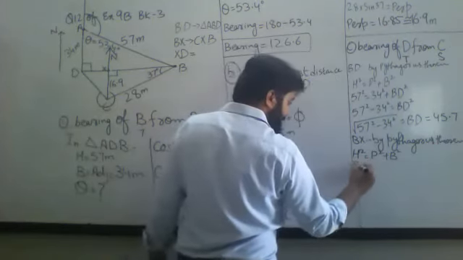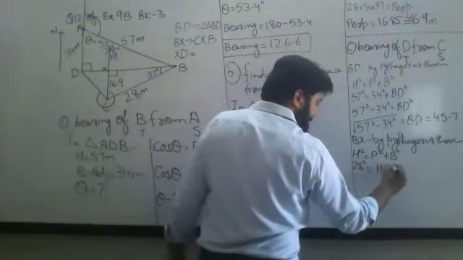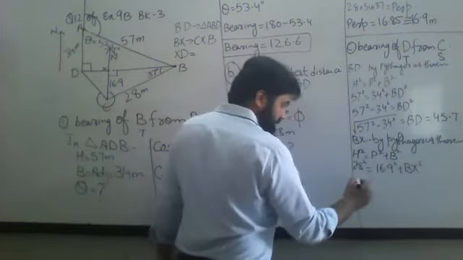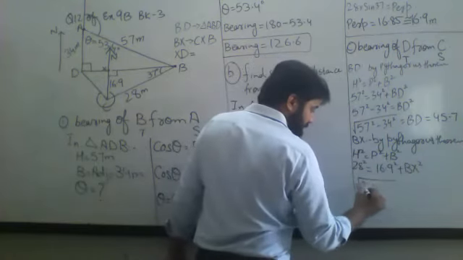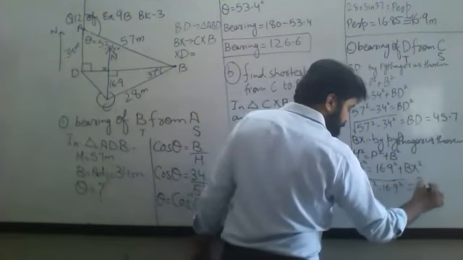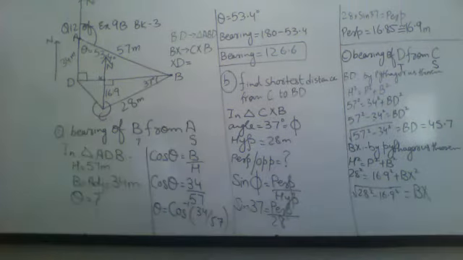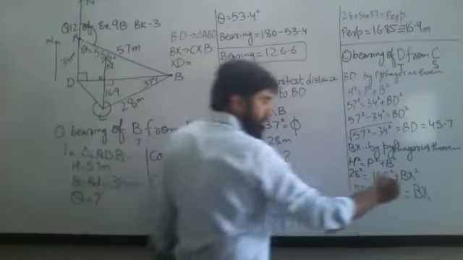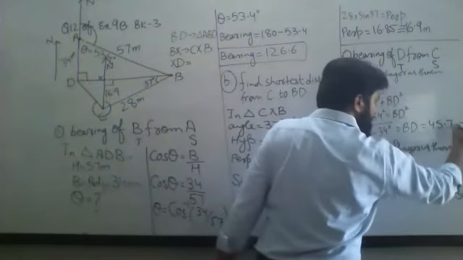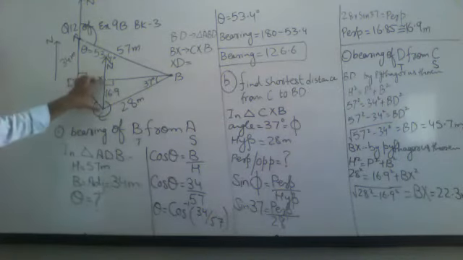The hypotenuse is given, 28 square. The perpendicular is 16.9 square plus the base BX whole square. So under root 28 square minus 16.9 square equals BX. It's coming 22.3 meter. Now, I have got this length.